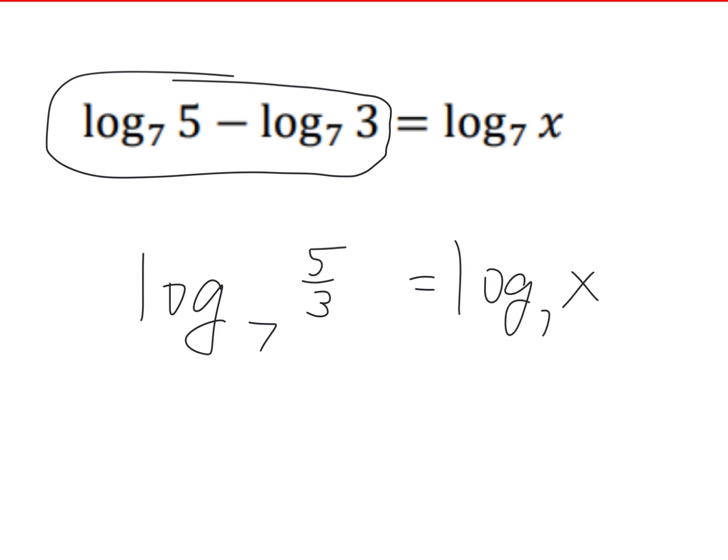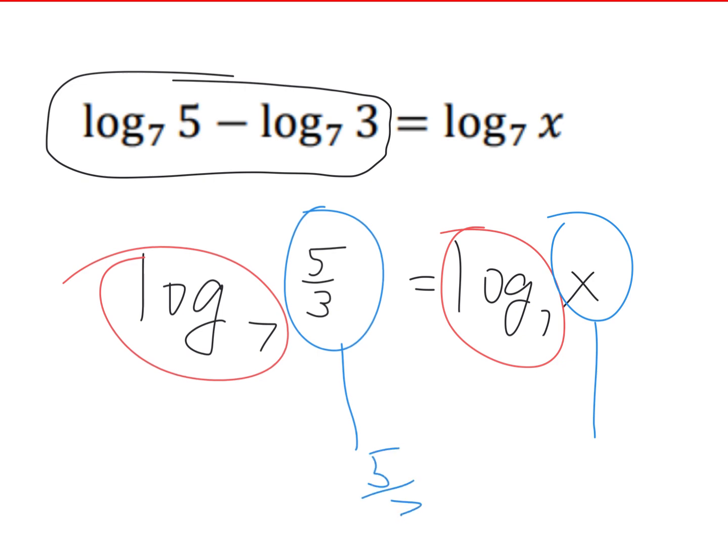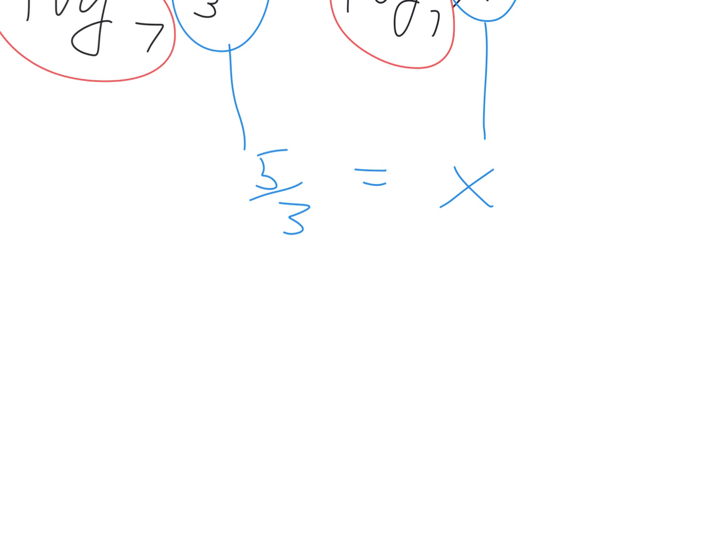Next little rule about logs is that if this and this are the same, then this and this have to be equal. So I'm not going to cancel those logs because there isn't a mathematical reason to cancel them. But I can just ignore them and say 5/3 has to equal x. There, I'm done. I got x alone.